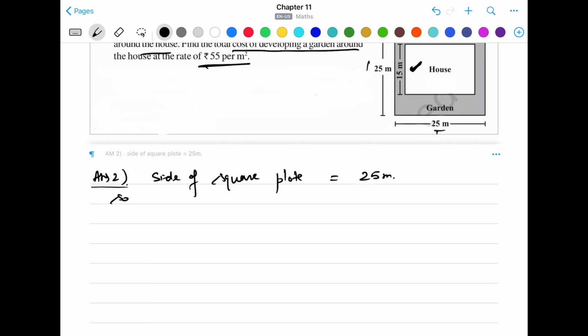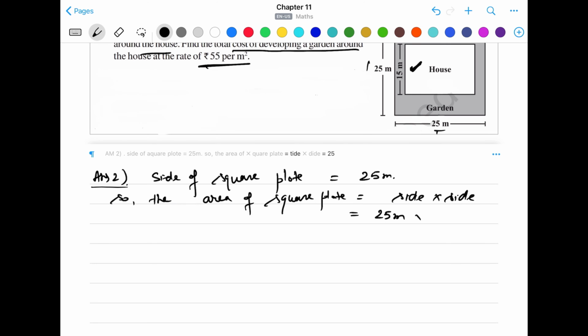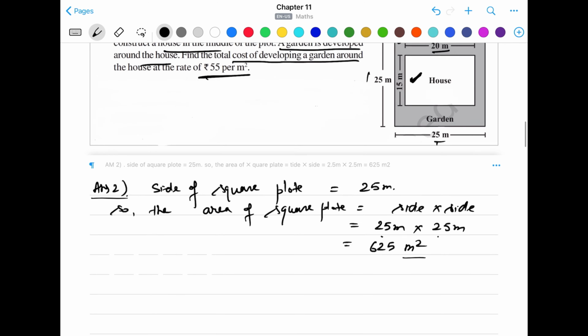The area of the square plot will be given by side into side, that will be 25 meter into 25 meter. And we know the square of 25 is 625, and the unit will be meter square. As I told, the unit of area is always unit square. The unit here is meter, so it will be meter square.